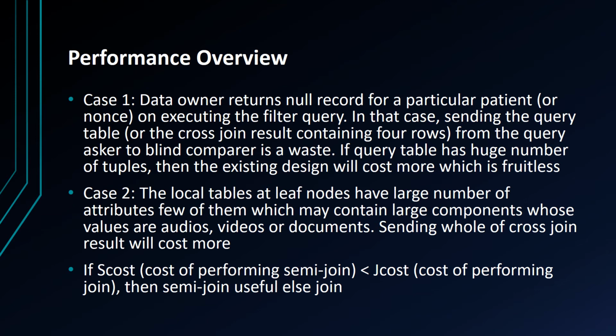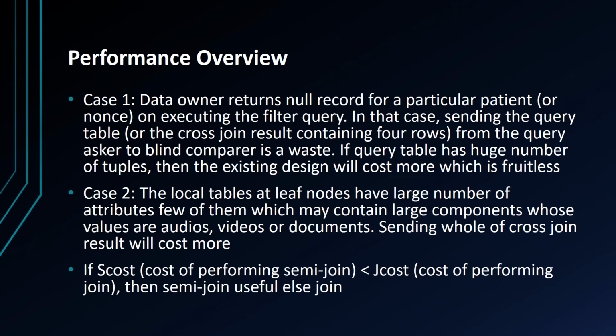So if we have this step of returning a part of the filter query result back to the query asker, we can save the overhead of sending the query table from the query asker to the blind comparer.